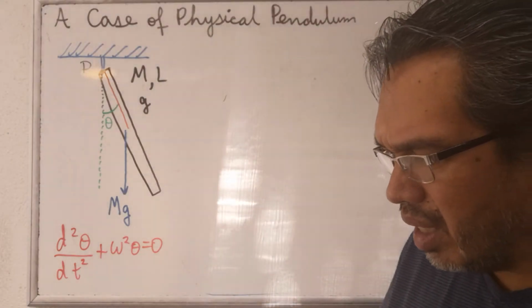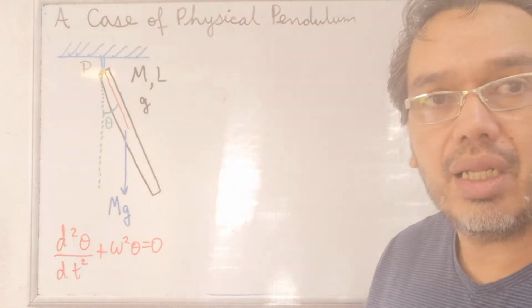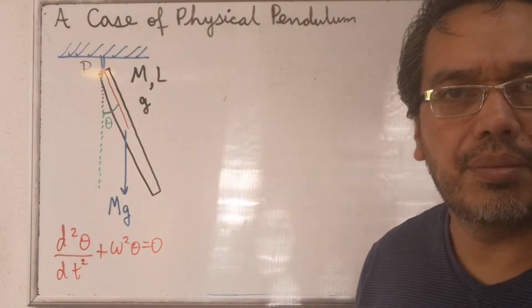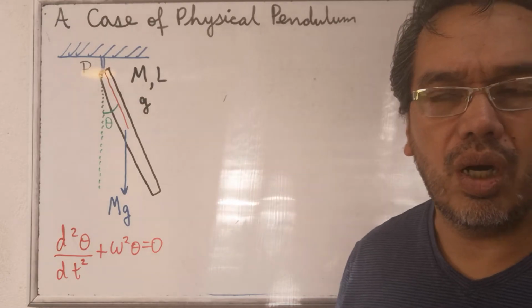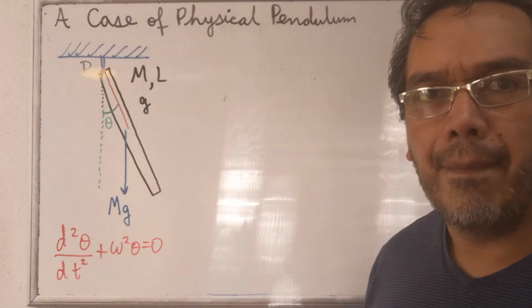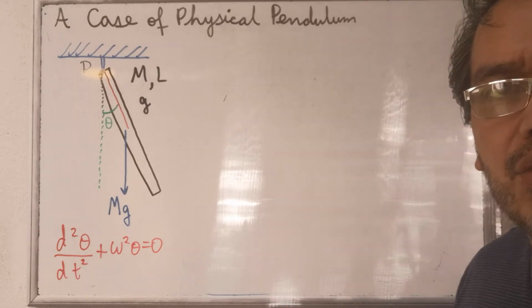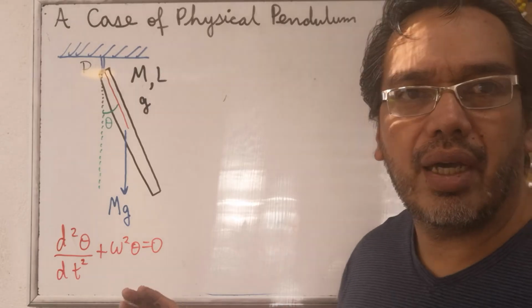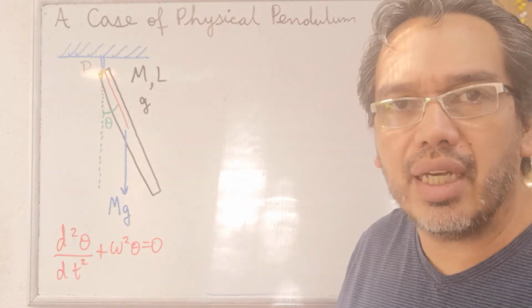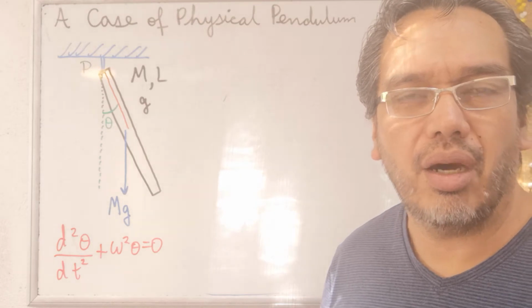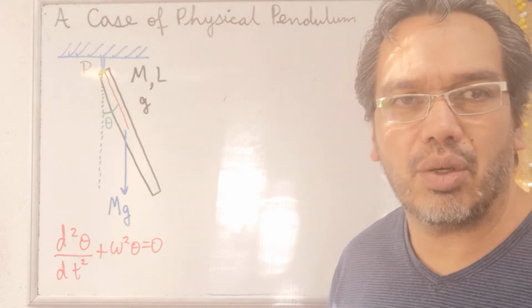So let's start with the physical and mathematical model and see how we can bring this down to something that can be corroborated, okay? Let's remember that your physical pendulum should be some kind of extended mass, some shape that you are trying to make oscillate around a certain equilibrium position.